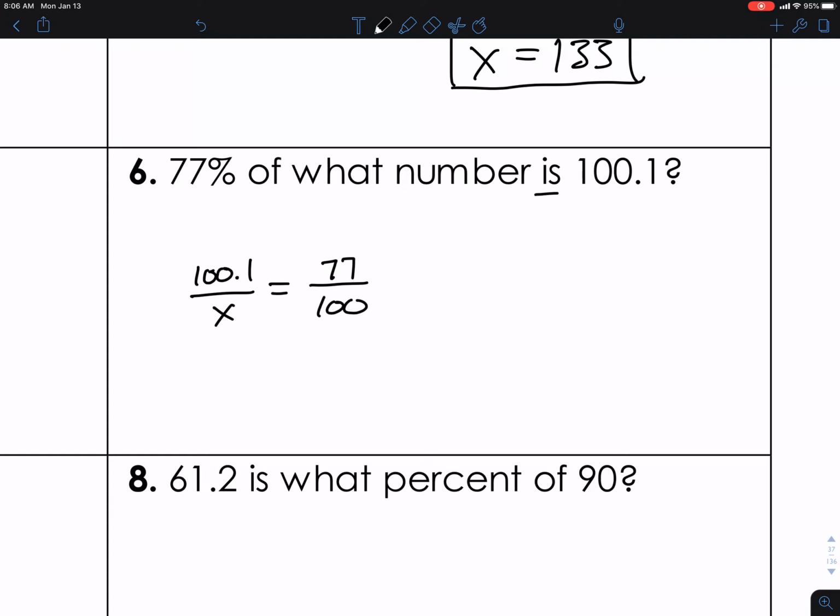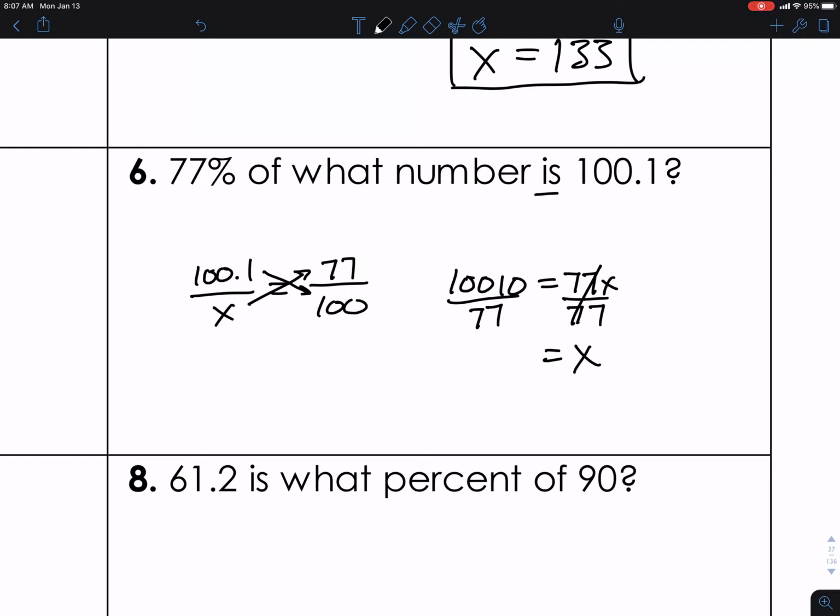Cross multiply. 100.1 times 100 gives me 10,010, which is equal to x times 77. That's just 77x. Divide by 77 on both sides. That goes away.